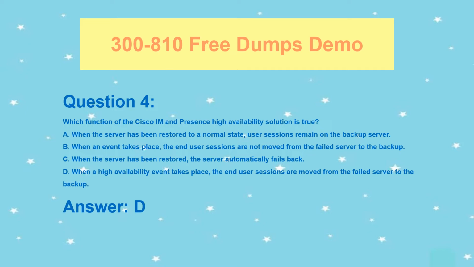C. When the server has been restored, the server automatically fails back. D. When a high-availability event takes place, the end-user sessions are moved from the failed server to the backup. Answer: D.